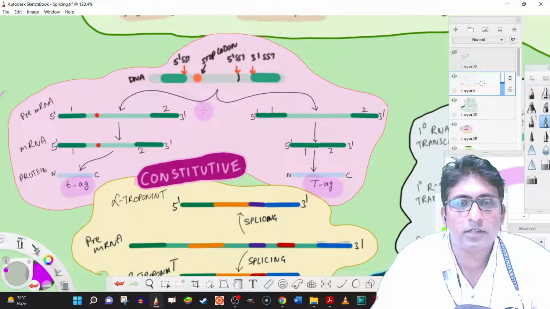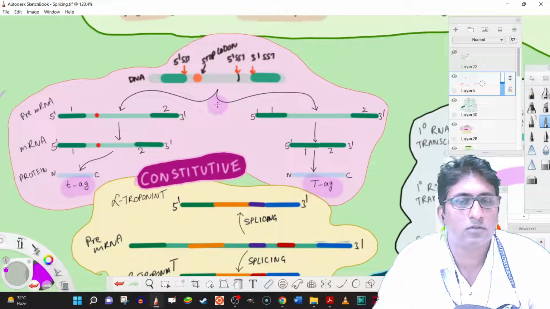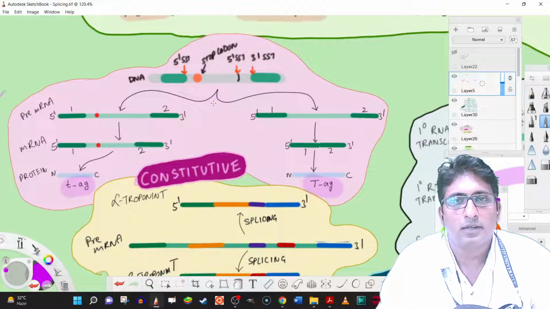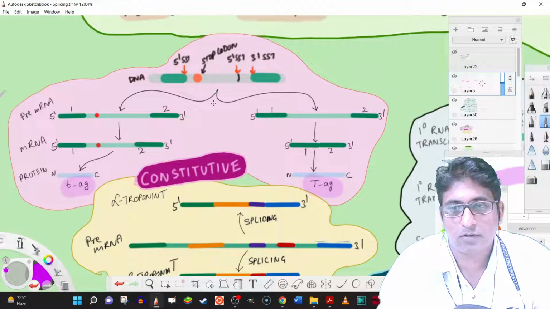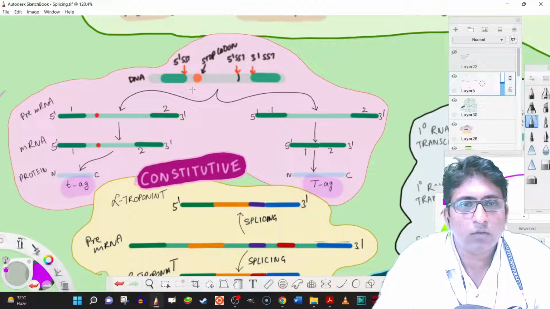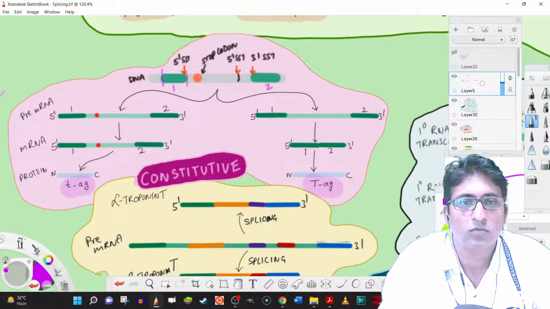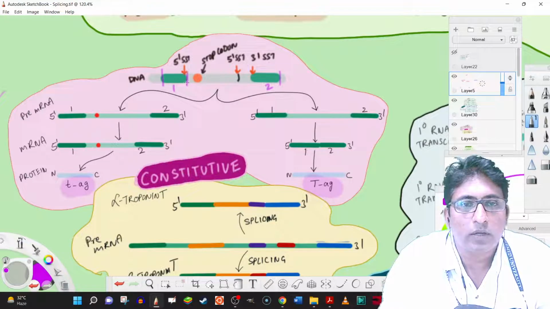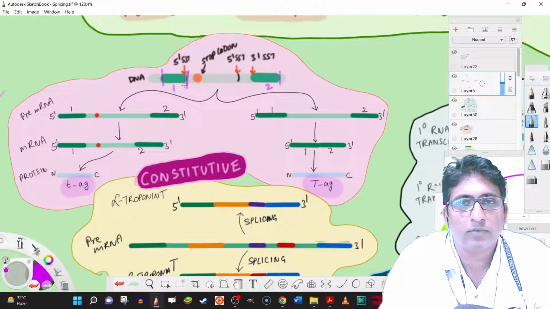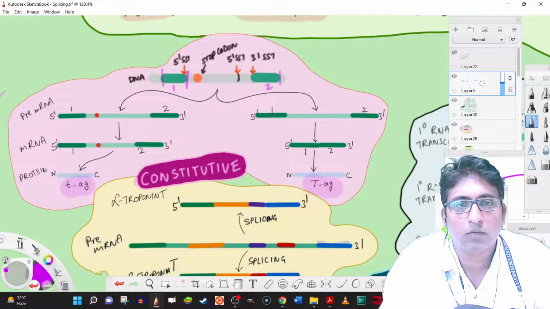The genetic organization is an example of constitutive exon extended. Say here we have the start codon, and this is exon 1, and this is exon 2. We would assume there is a stop codon here. At this border we have the 5' splice site, and here the 3' splice site.